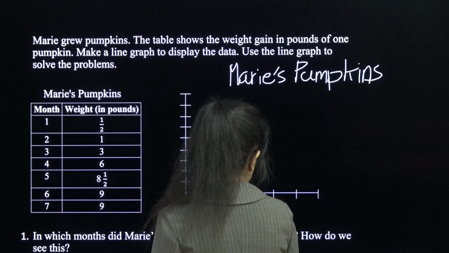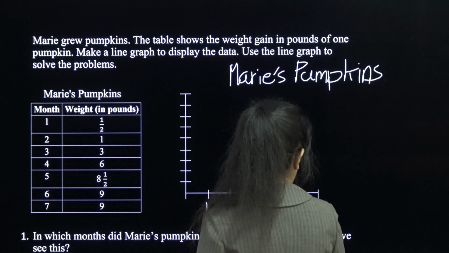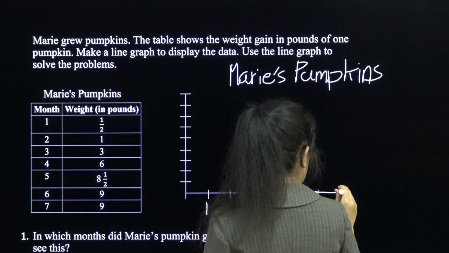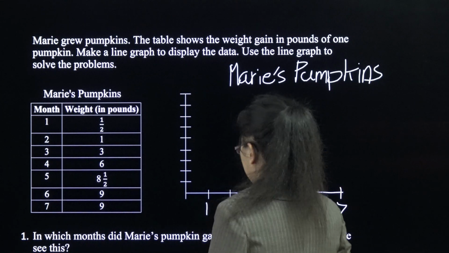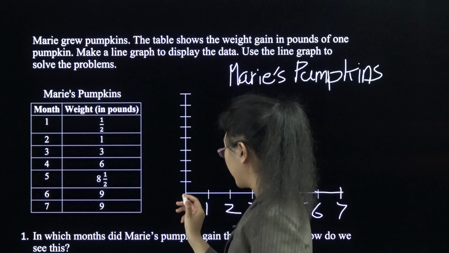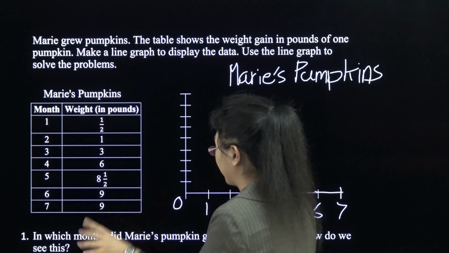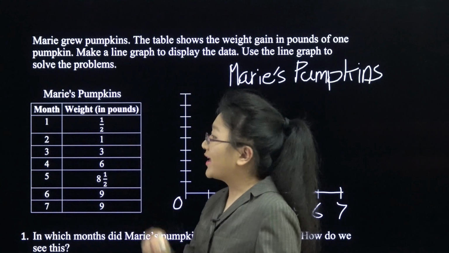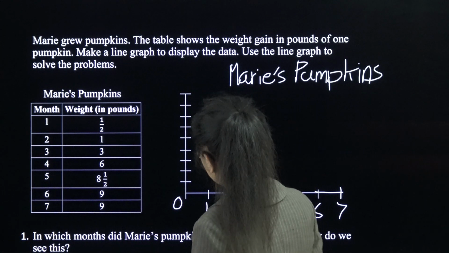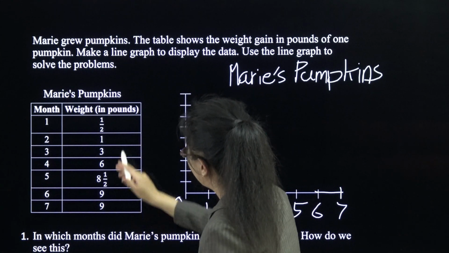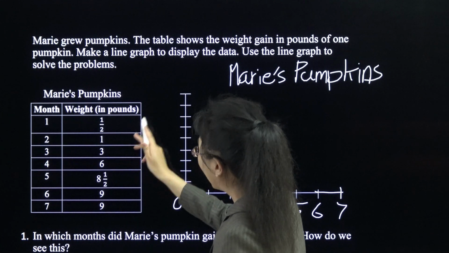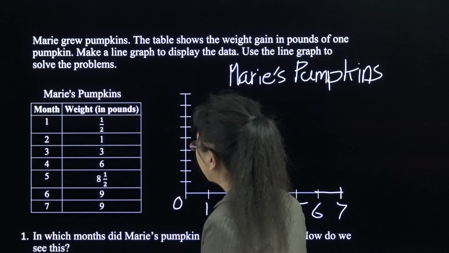One, 2, 3, 4, 5, 6, 7. You usually don't want to start over here because this is always 0. Time is 0, value is 0, everything's 0 here. Weight in pounds. And it goes from half to 9.